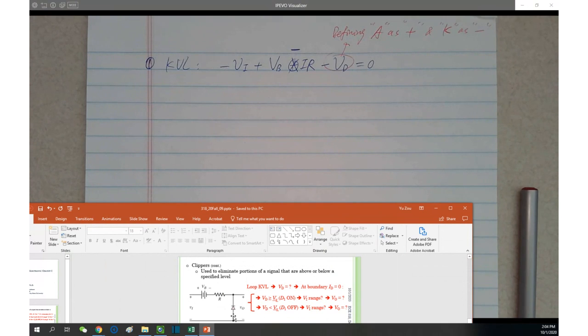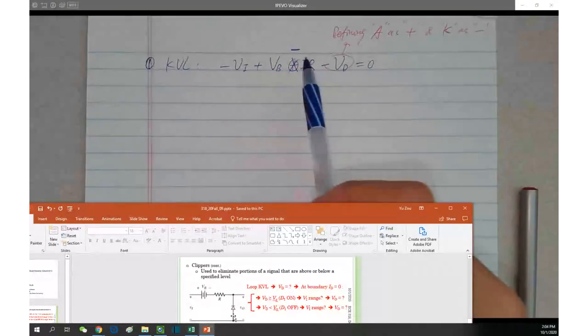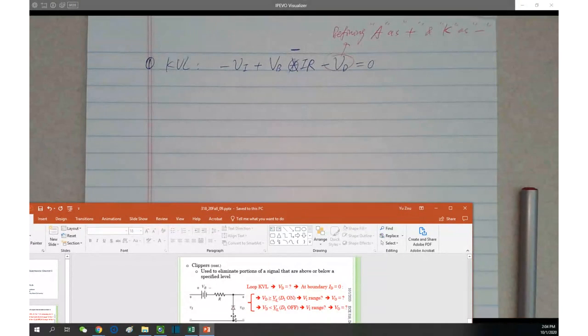Your current is flowing counterclockwise, okay? Or zero. There's no way for the current to flow clockwise because of the diode. Does it make sense? So when you write a KVL, you gotta be careful. Even though this sign actually doesn't affect the result, when you write something, you need to be very careful. Okay, this is the first step, KVL.